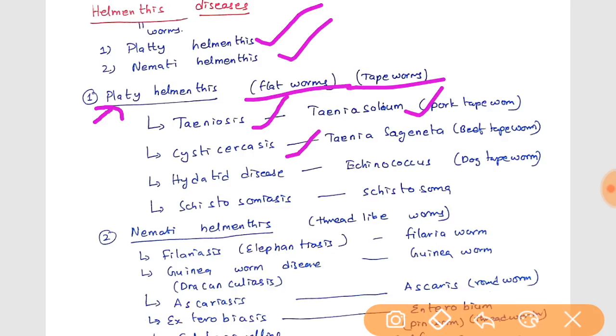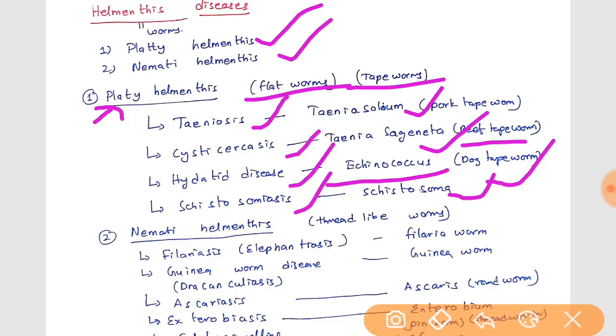Cysticercosis or Taenia saginata, these are beef tapeworms, friends. Hydatid disease is caused by Echinococcus tapeworm, friends. It's a dog tapeworm. Schistosomiasis is caused by Schistosoma flatworm, friends.